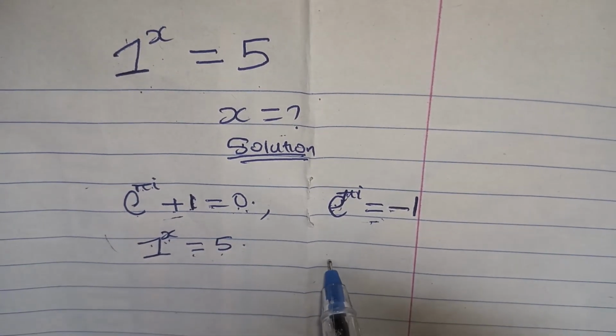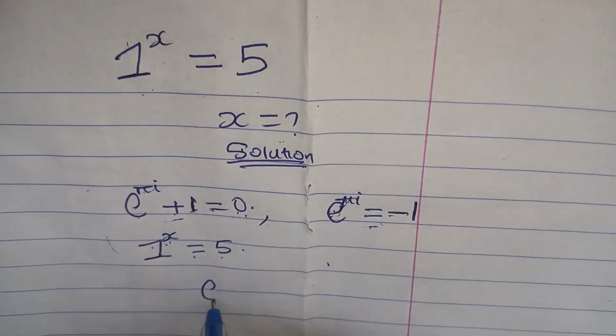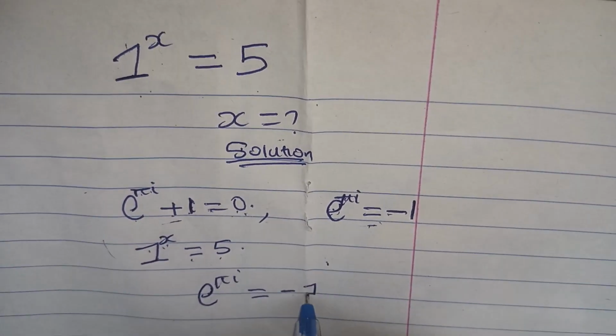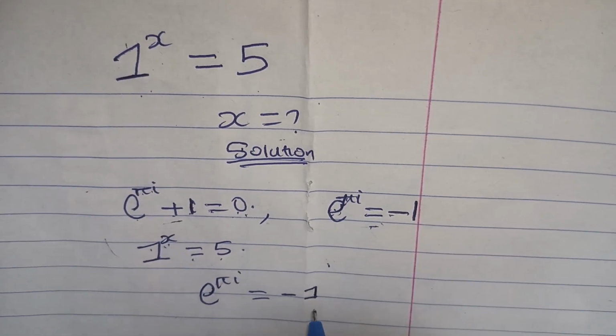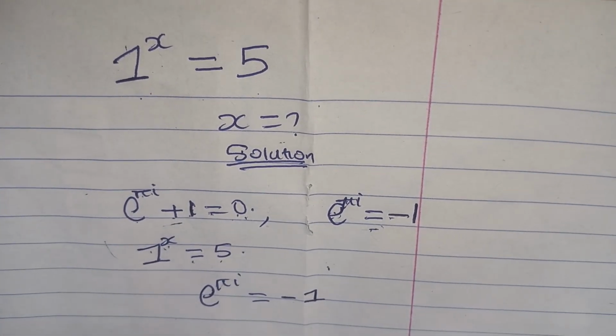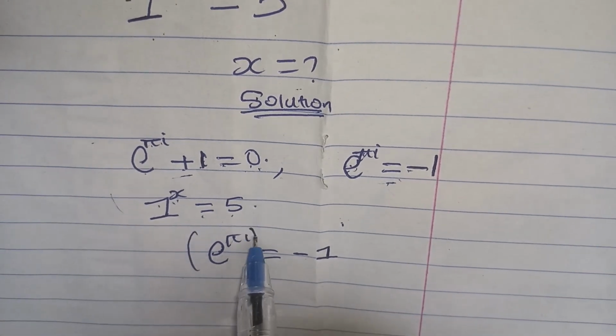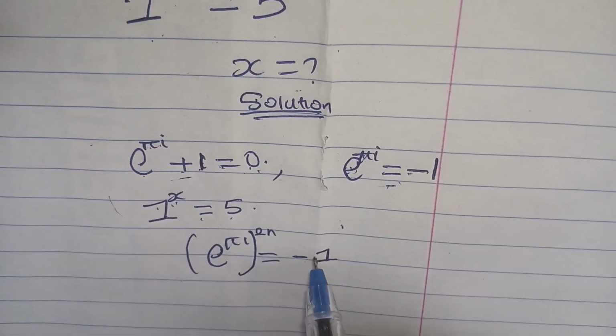So we can say e to the power of pi i equals minus 1. The next thing we are going to do is to take the power of both sides to the power of 2n.